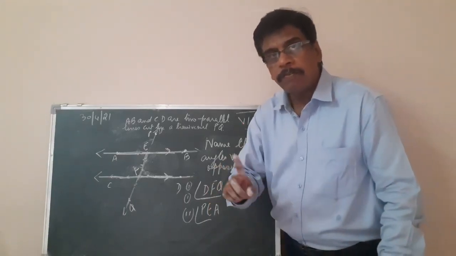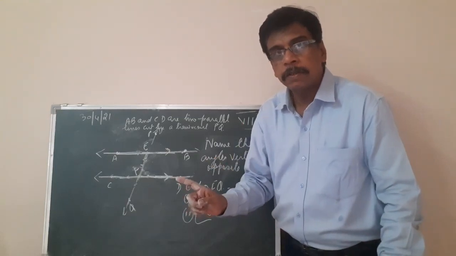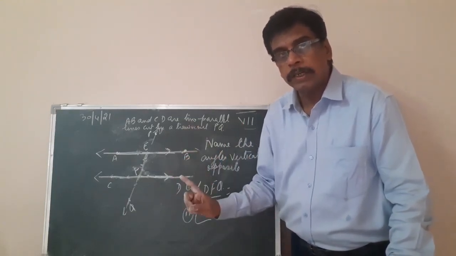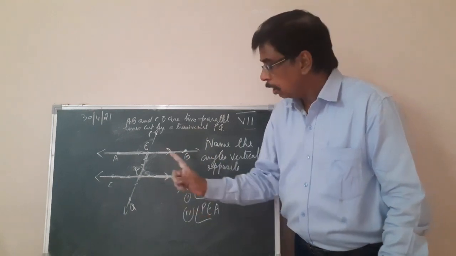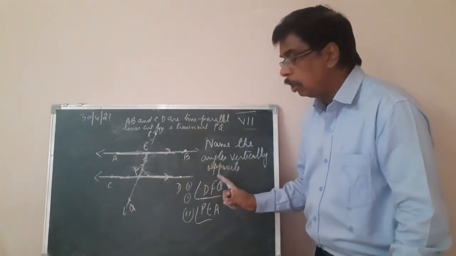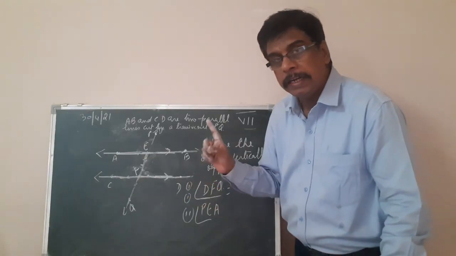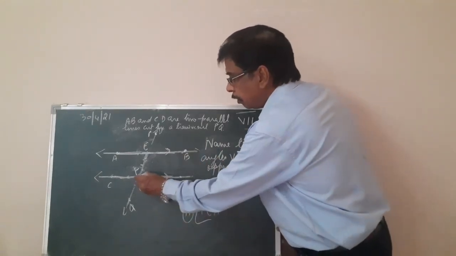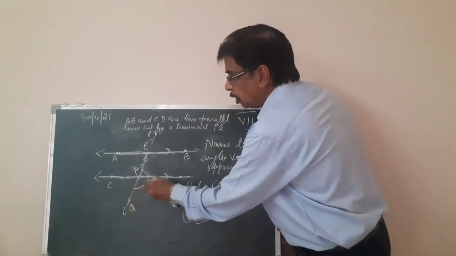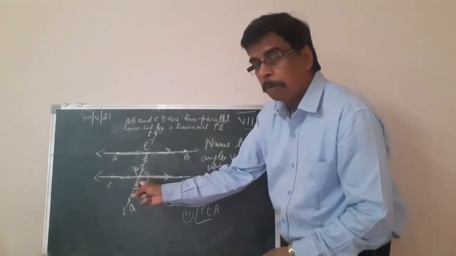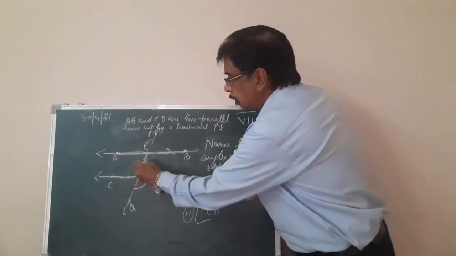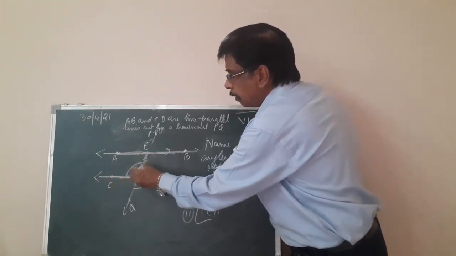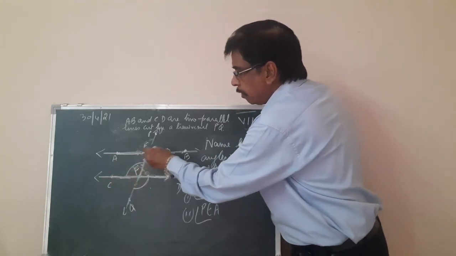I already explained vertically opposite angles. Definition was given, figure was drawn and showed which angles are equal. So here they said name the angle vertically opposite angle DFQ. Mark angle DFQ first. We are discussing this angle. So vertically opposite angle DFQ is this angle here. That becomes angle CFE.